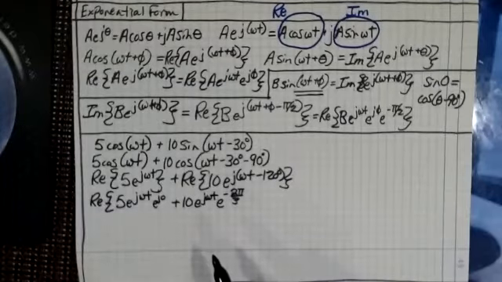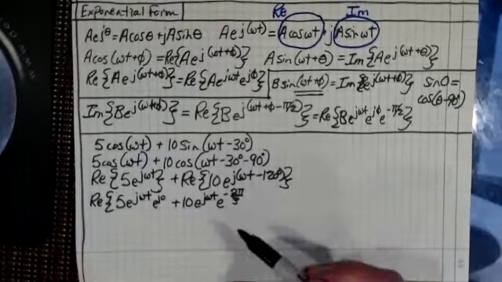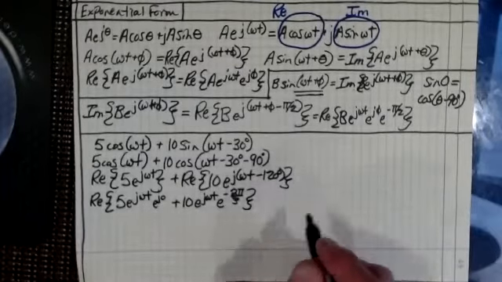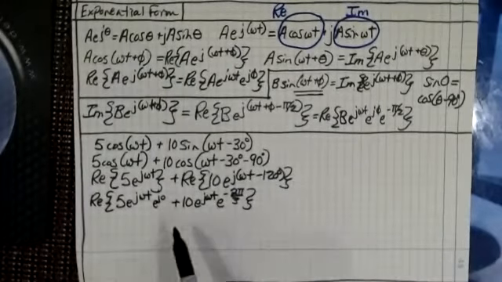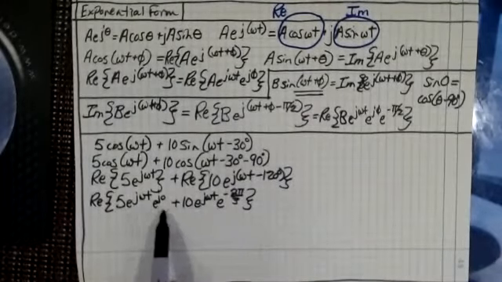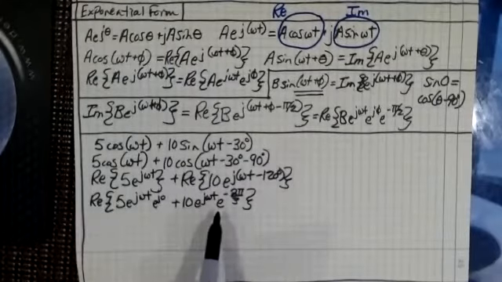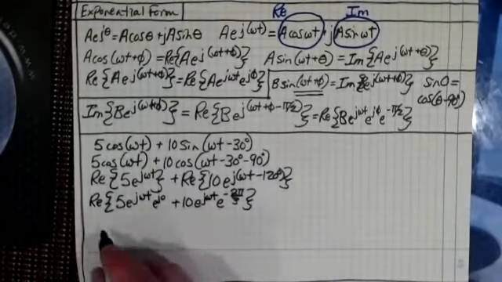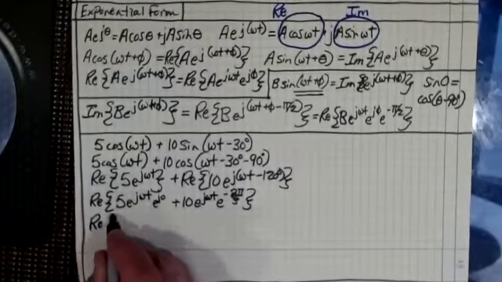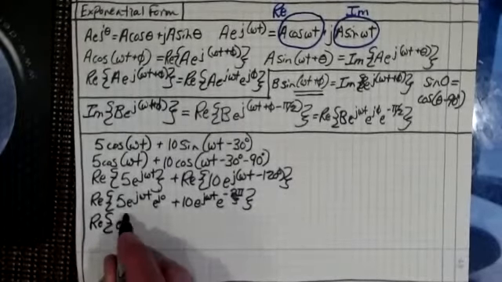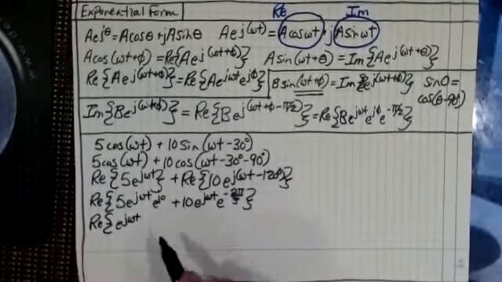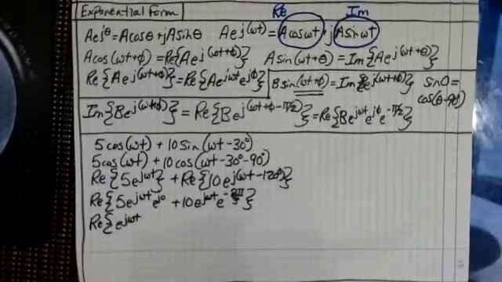Let's see. I've broken that all up. Okay, so let me just finish that. And so now I think you can see that both of these have an e to the j omega t in them, right? So let's do the real again, and let's take the e to the j omega t out, right?